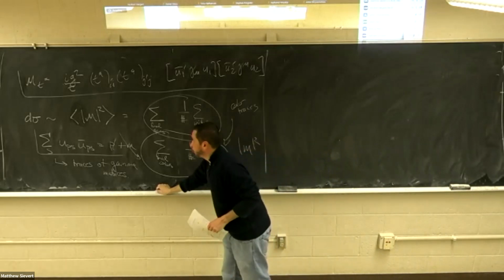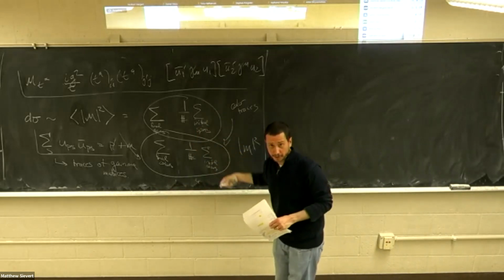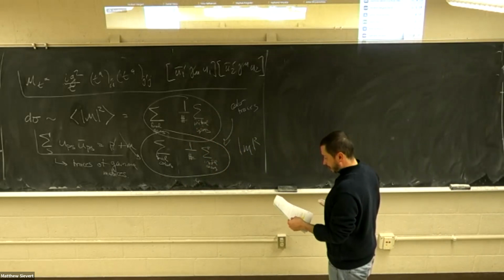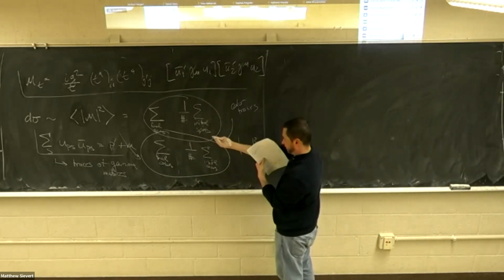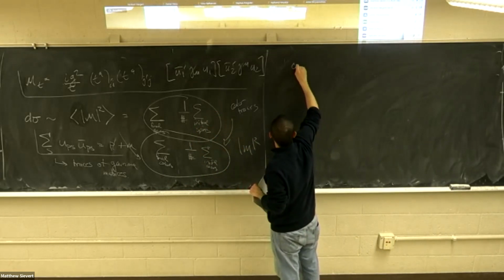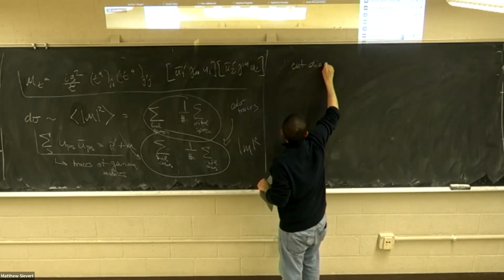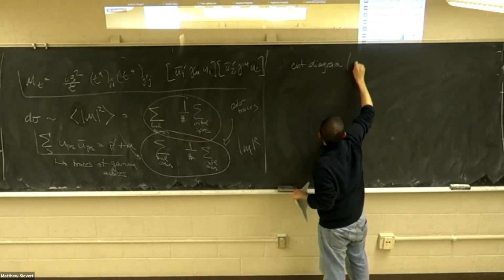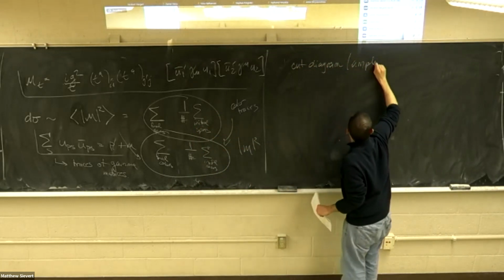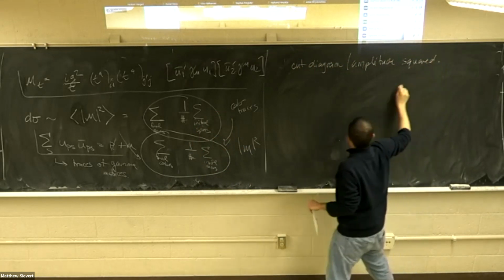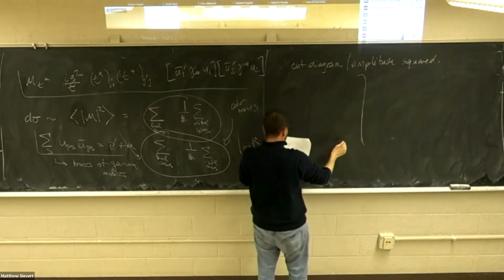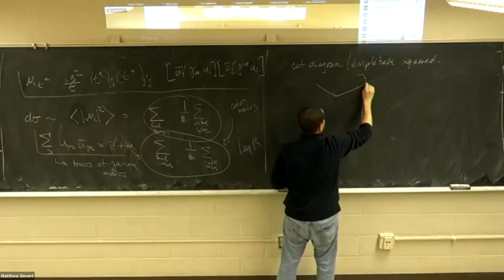So I need to square this thing, and then I need to set up those summations. I think it's very helpful, before I actually write the calculation, to sketch it as a cut diagram. So the cut diagram, or the amplitude squared, can be compactly written with this cut diagram notation that looks like this.